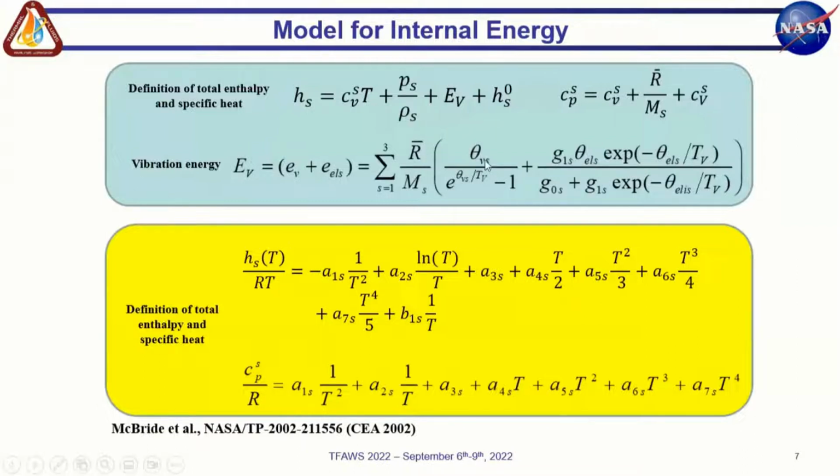And you can see this is the model for the vibrational energy, so it's a harmonic oscillator model. This one is CEA 2002, a curve fit for the total energy, and there are also formulas for the entropy. So that's the difference for the internal energy.